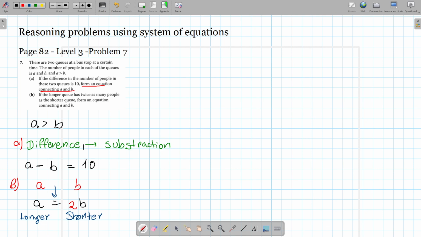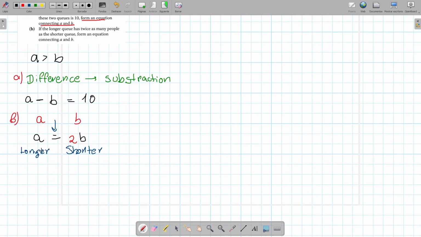At this moment we have two equations: a minus b equals 10, and a equals 2 times b.